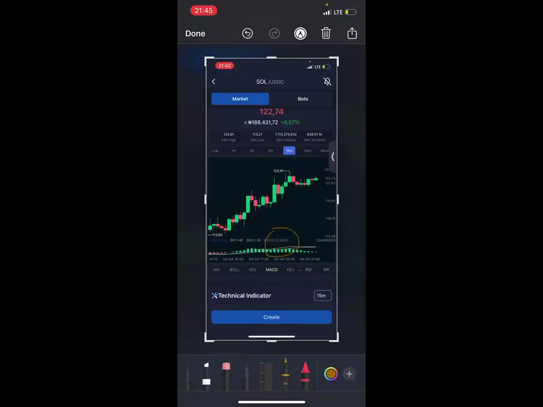So let's do a deep dive into this again, breaking it down piece by piece so that we know what moving averages actually are. Mathematically, moving averages are the average price of any asset.